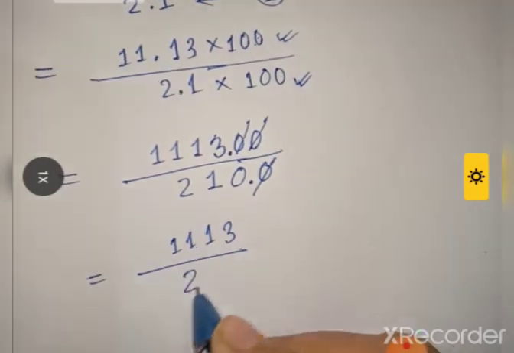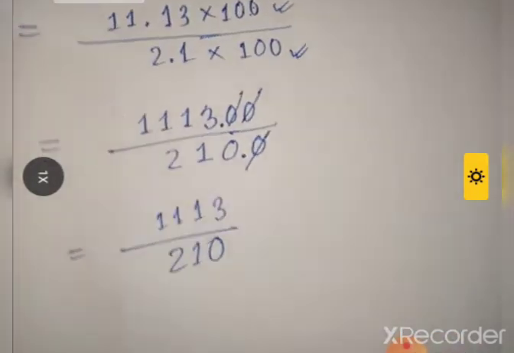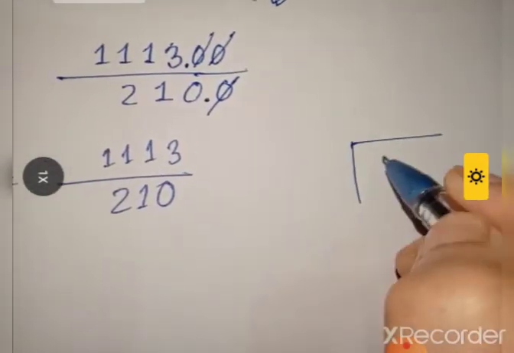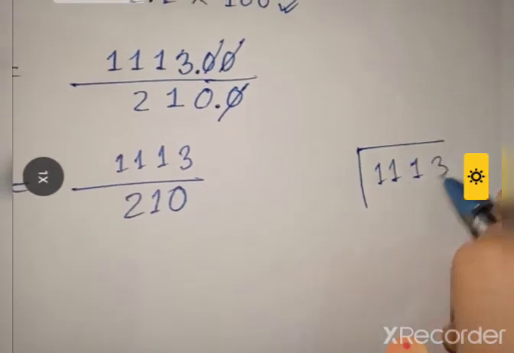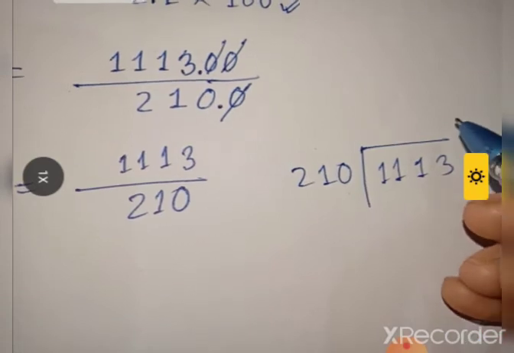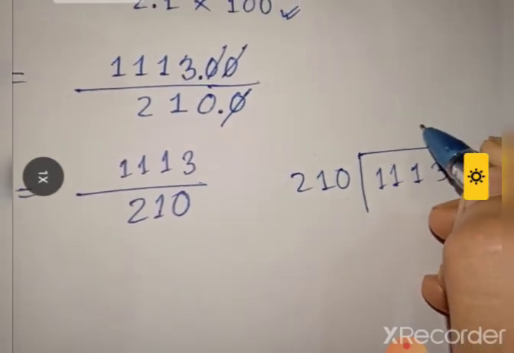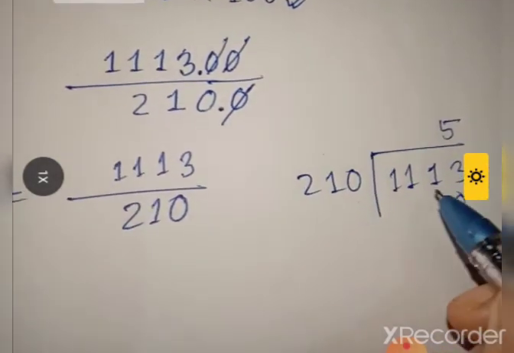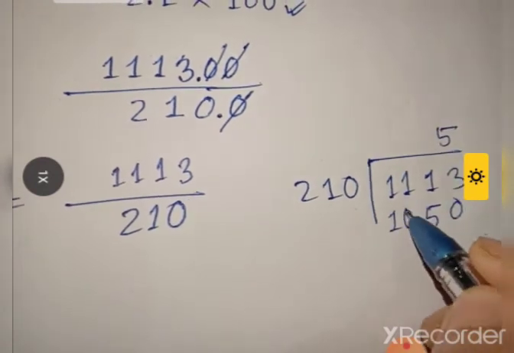The answer will be 1113 by 210. Okay, now divide this one. 1113 by 210. So here we can give how many? 5. Okay, so 5 times 0 is 0, 5 times 1 is 5, 5 times 2 is 10.